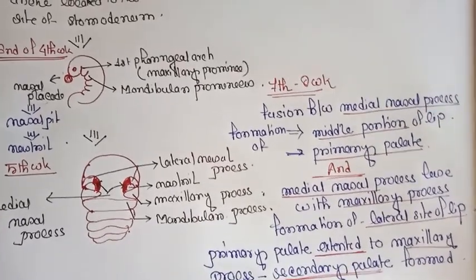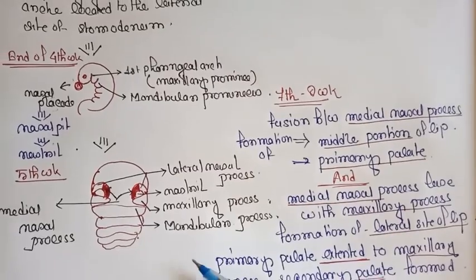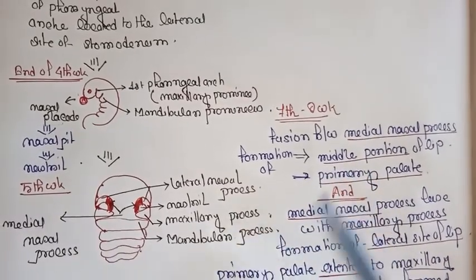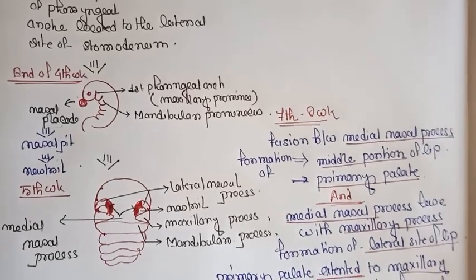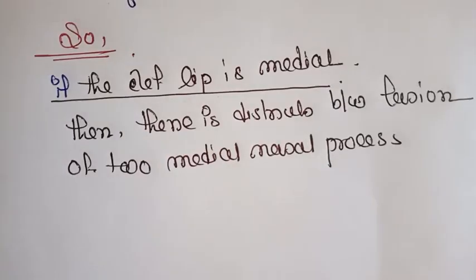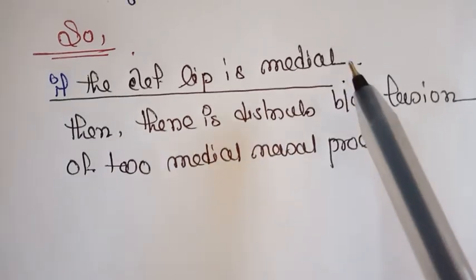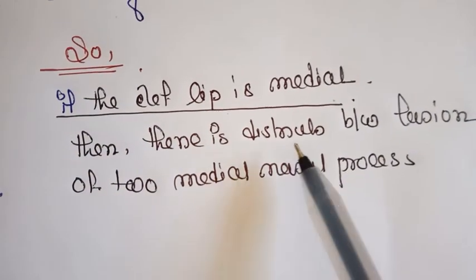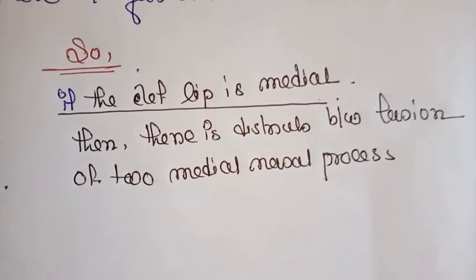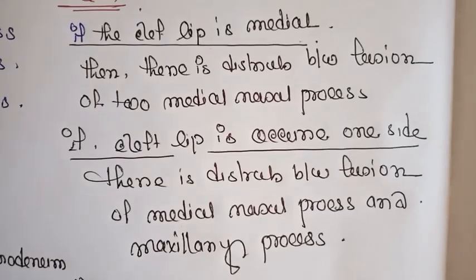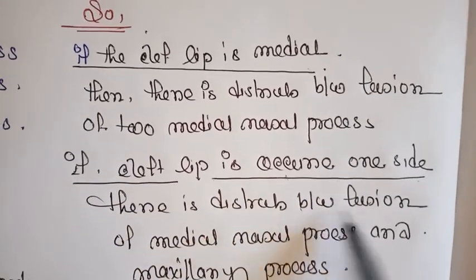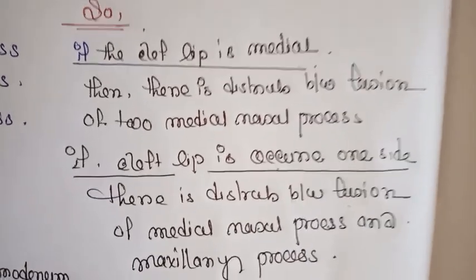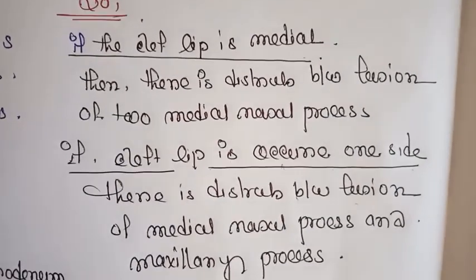When, due to various etiological factors during embryo development, the fusion does not occur properly, cleft lip and cleft palate occur. In detail, if the cleft lip is medial, there is a disturbance in the fusion of the two medial nasal processes. If the cleft lip occurs on the side, there is a disturbance in the fusion of the medial nasal process and the maxillary process.